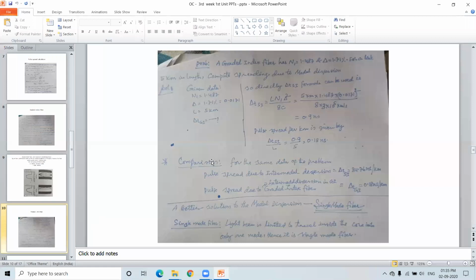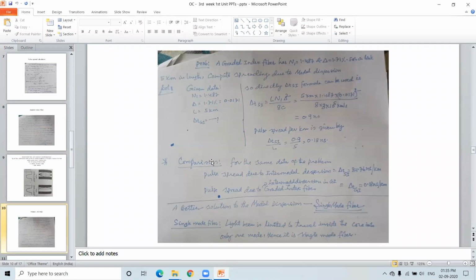So till now, what we have seen is the gradient index optical fiber, its principle of operation, how the layers are placed inside the core region itself, and how the modes travel and reach more or less at the same time. Therefore, the pulse spread is reduced compared to the step index optical fiber.